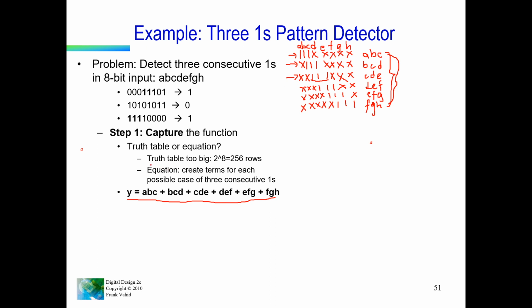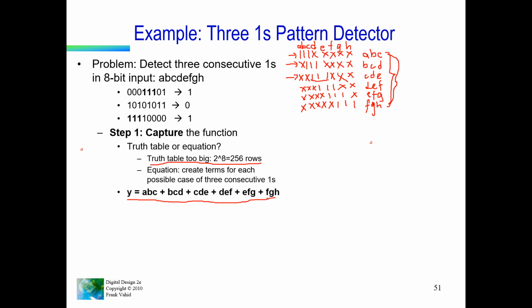We didn't draw the truth table because it would be too big, having 256 rows. So we directly designed by writing the equation. It's not always easy to see the relationship between the input and the output and directly represent it as a Boolean expression.